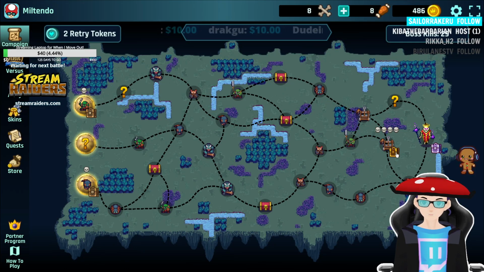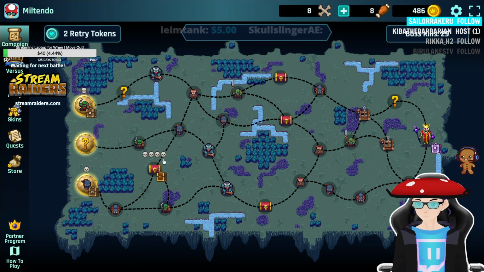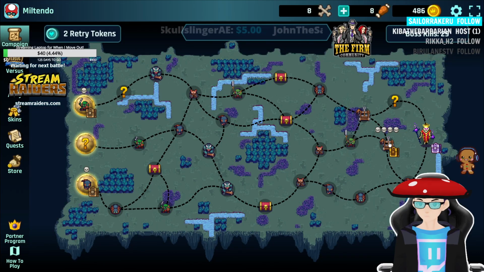Two golden chests here, one golden chest here. One, two, three. There's 4 chests if I do it this way.